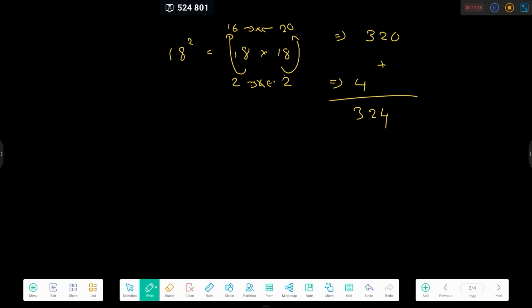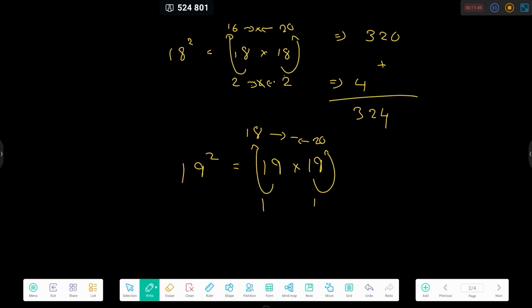Same for 19. 19 square is nothing but 19 into 19, rounded off to 20, adding 1, and subtracting 1 on the other side, getting 18.